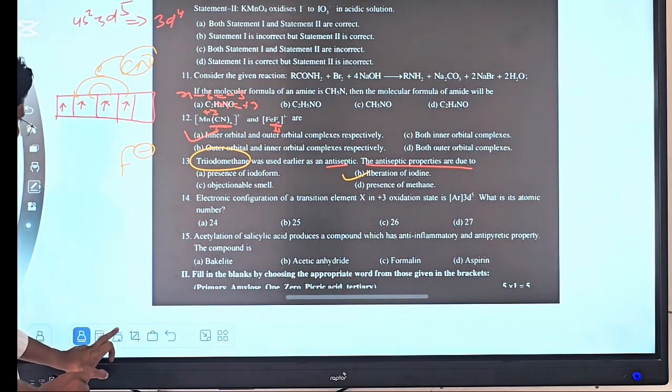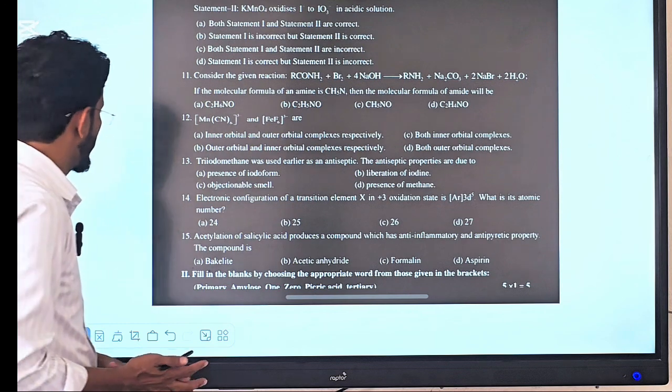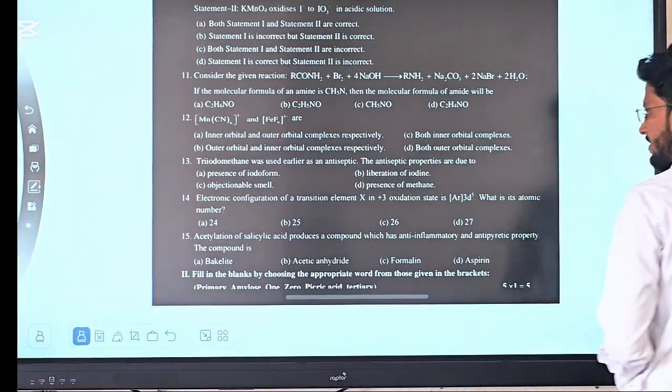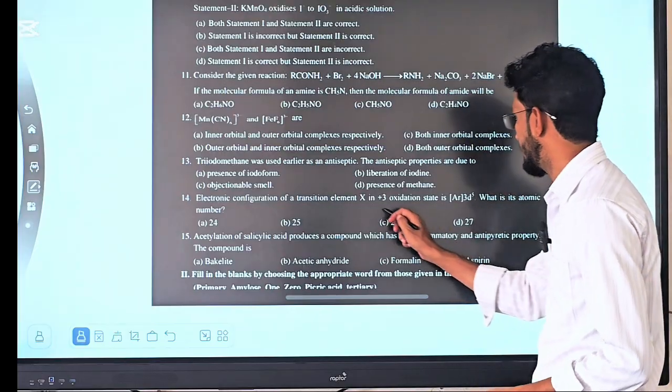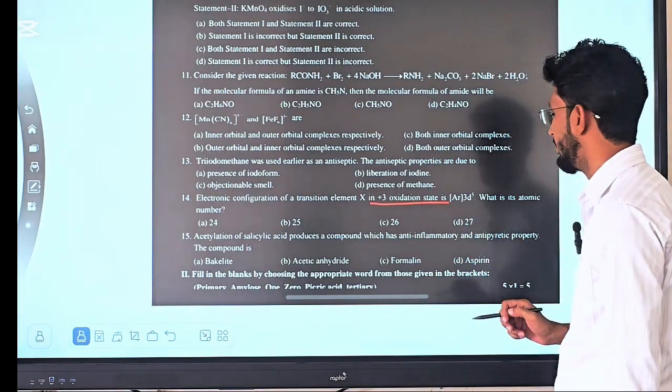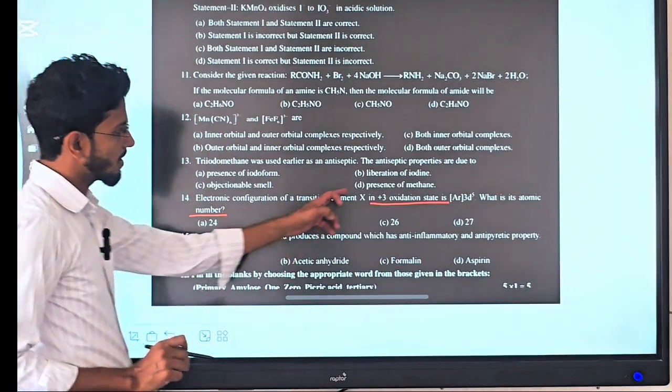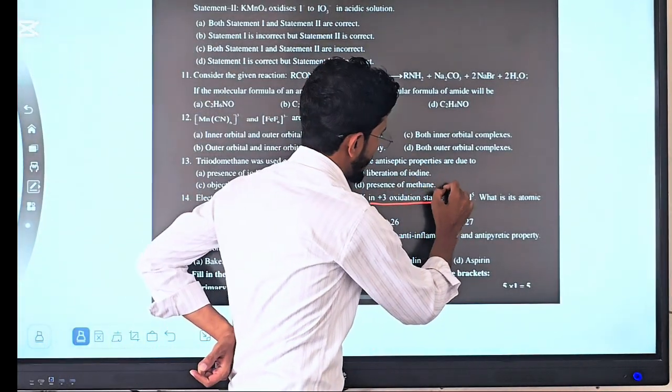Next, question number 14. The electronic configuration of a transition element X in the +3 oxidation state is 3d5. What is the atomic number? +3 means argon, and argon means 18.